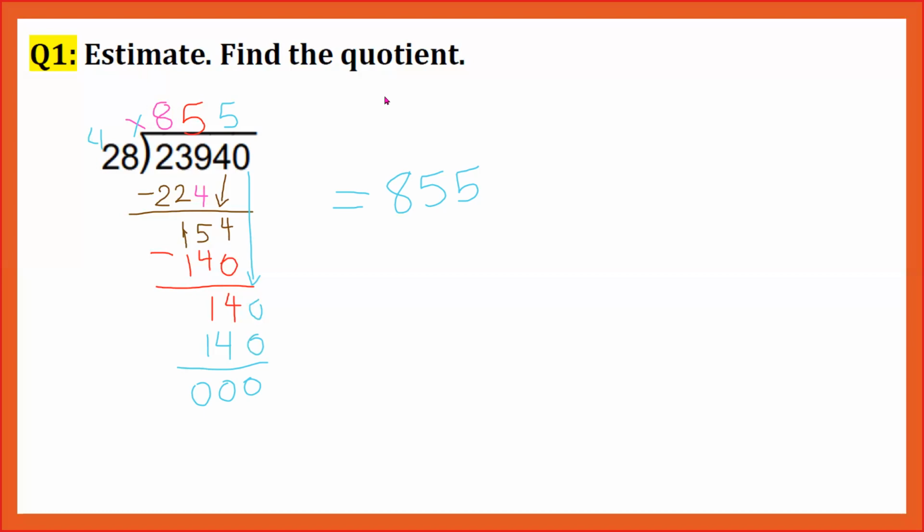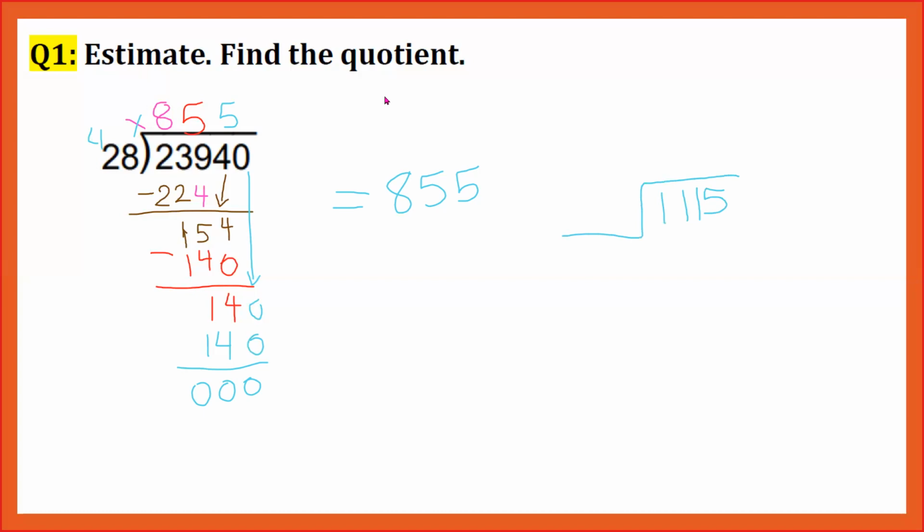An example. We have 11,050 divided by 26. Remember, when we estimate, there's no remainder, just a quotient.